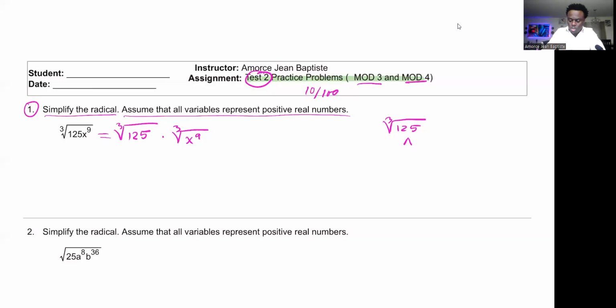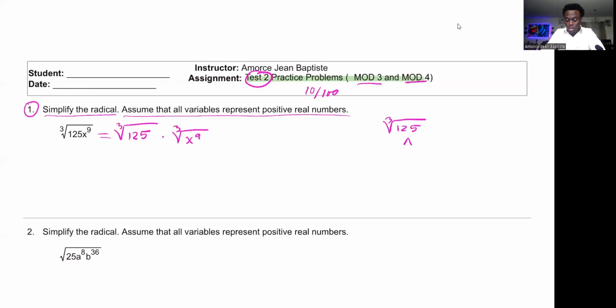So if we want to start by the smallest prime number that goes into 125, we know for sure that 5 is a prime number that is a factor of 125, but we want to check to make sure that 2 doesn't go, because it doesn't end with an even number.